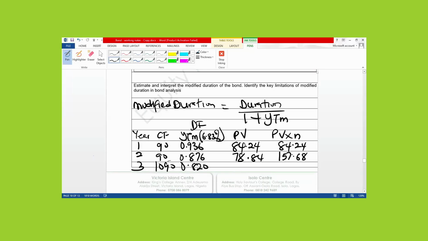Year 3, 0.820 multiplied by 1090 gives 893.86.